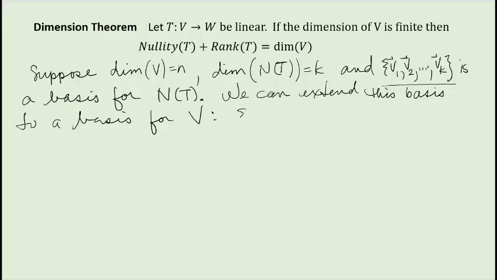So let's do that. We have V1 through V sub k in our basis, and those are linearly independent vectors. They're a basis for the null space. So I'm going to extend with V sub k plus 1 up to vector V sub n and have a basis for V. So this set spans all of V, and it is linearly independent.